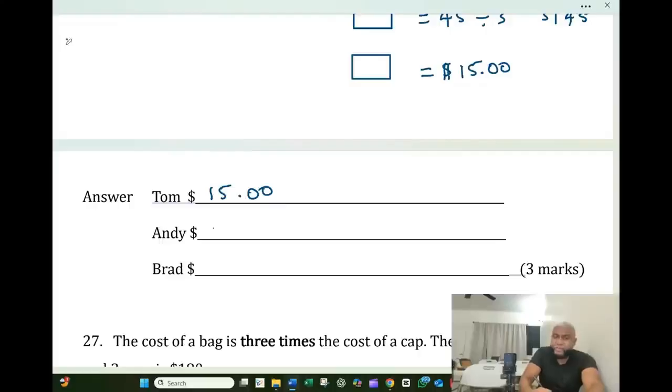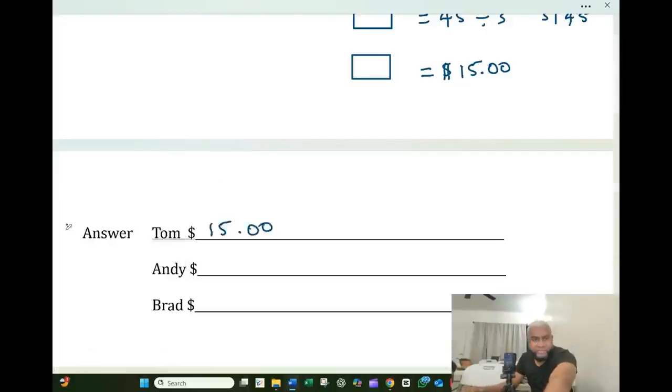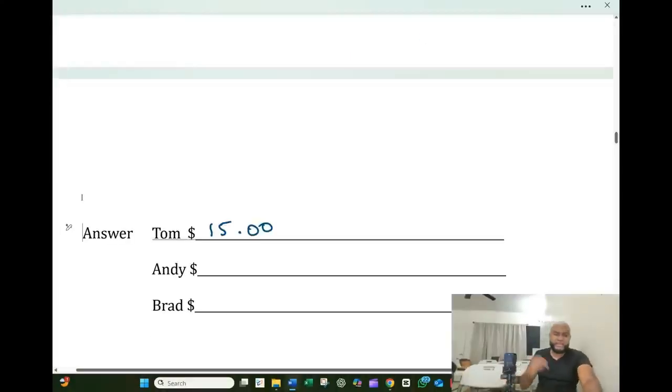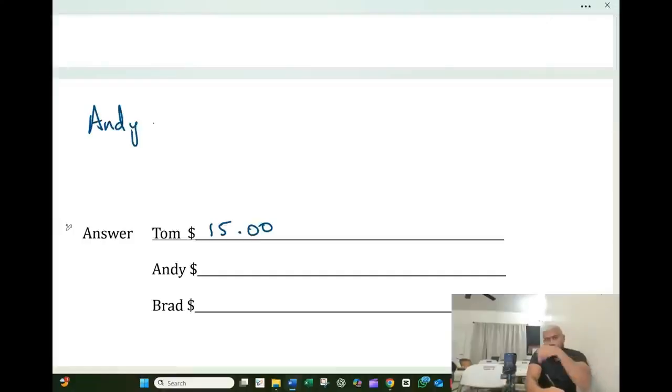So 15 is brother Tom's amount of money he got, right? Then Andy, should I work out Andy somewhere else and then put the amount there? Yeah, I think I should. Andy would be 15 plus how much? 10? Was it 10? 10, excellent.